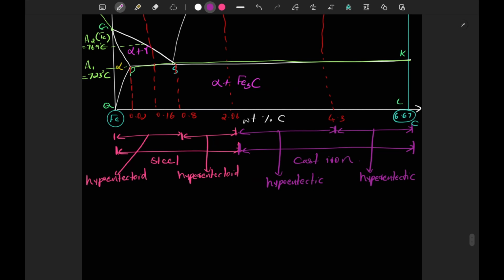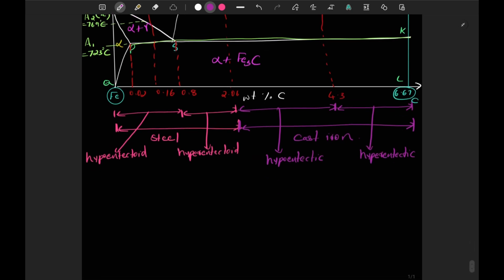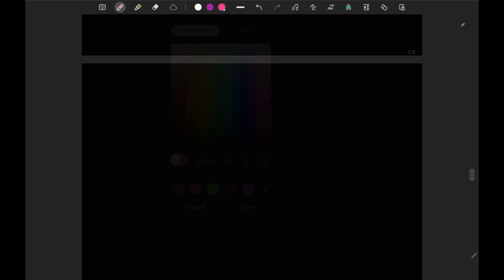Now let us write the most important phases in the iron carbon phase diagram so that it is easier to grasp. Okay. So for that I will draw some columns.